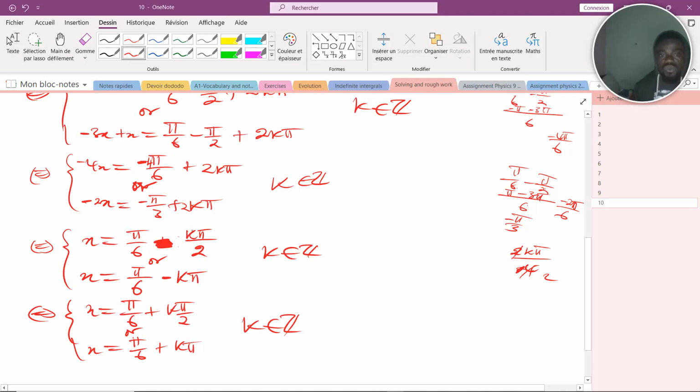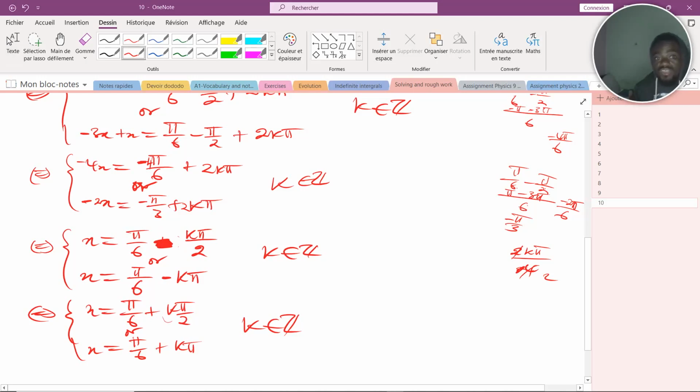When you substitute k being equals to 1 here, you have what? You have minus pi on 2. Is that okay? You have pi on 6 minus pi on 2. When you substitute k being equals to minus 1 here, you still have what? You still have the pi on 6 minus pi on 2, which was here.